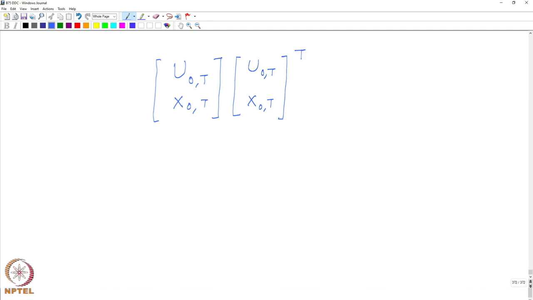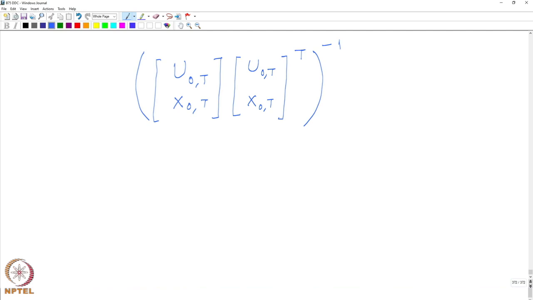Because it is full row rank, the product is of smaller size, exactly equal to the number of rows here, which is n plus m. So, this matrix has rank exactly equal to n plus m, a square matrix of full rank. So, this is invertible, n plus m by n plus m.